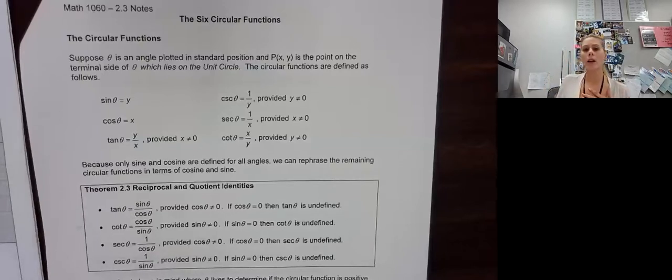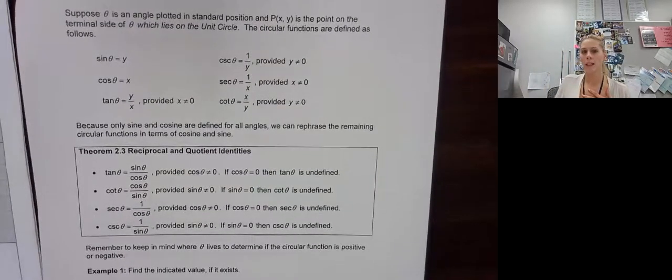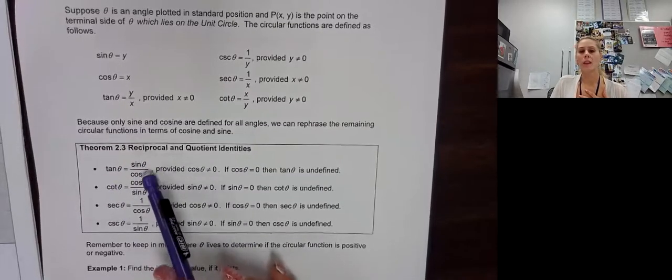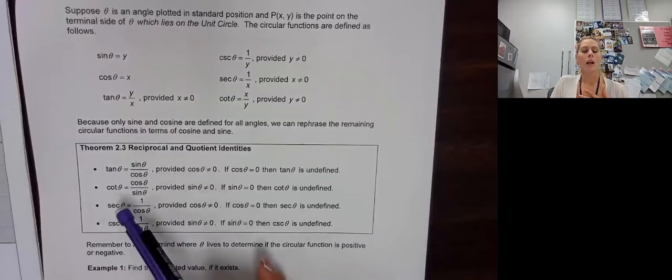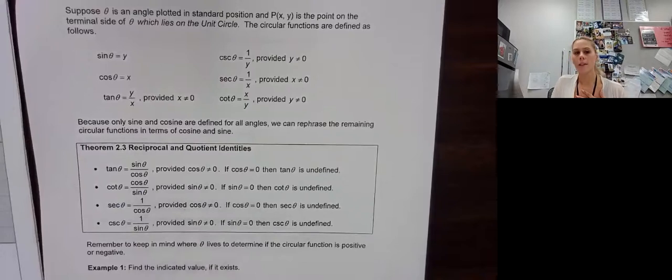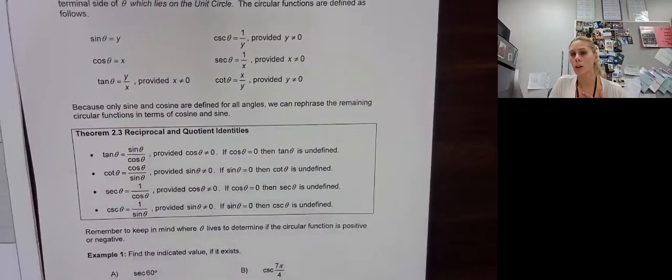So really, though, what we need to think about is that tangent of theta can be changed into sine of theta over cosine of theta. Cotangent can be cosine of theta over sine of theta. Secant can be 1 over cosine, and cosecant can be 1 over sine.